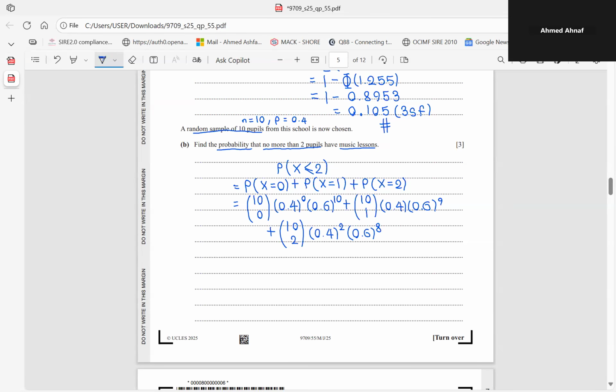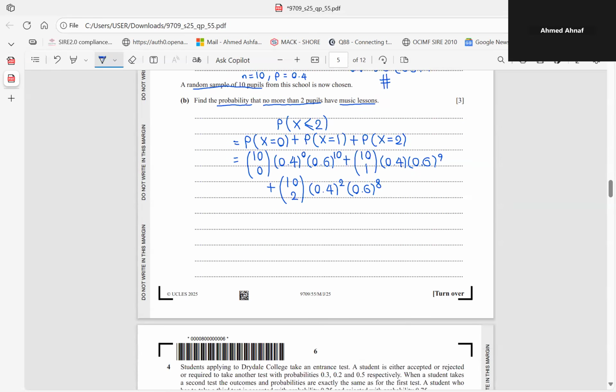For all the powers, you must make sure that they add up to 10. So 0 plus 10 is 10, 1 plus 9 is 10, and 2 plus 8 is 10. And for the probabilities in the brackets, they should both add up to 1. So just type all this into your calculator.